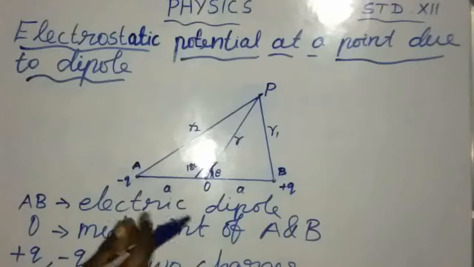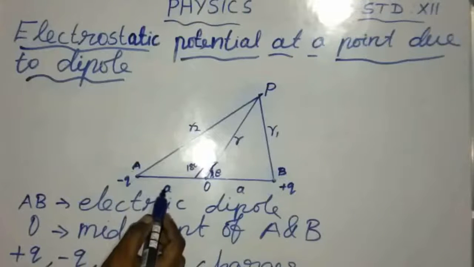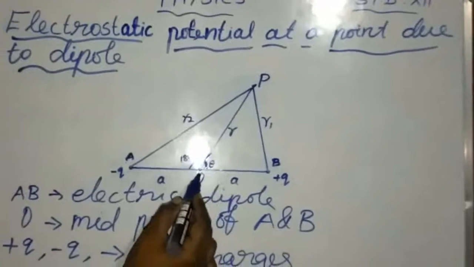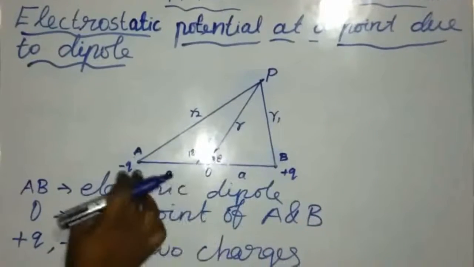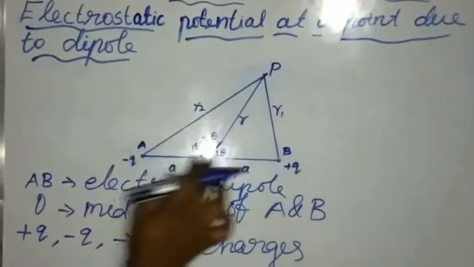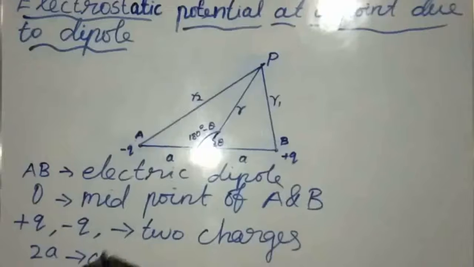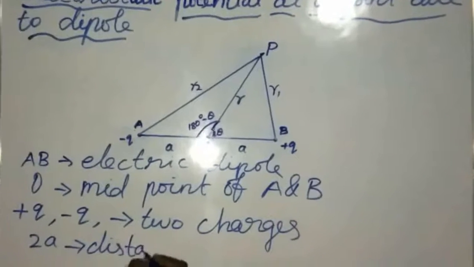Now, a is the distance between A and O, and this a is the distance between O and B. So totally the distance between A and B is a plus a, 2a. So 2a is the distance between AB.